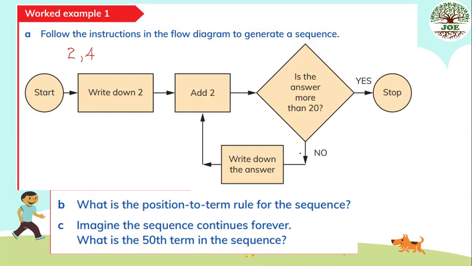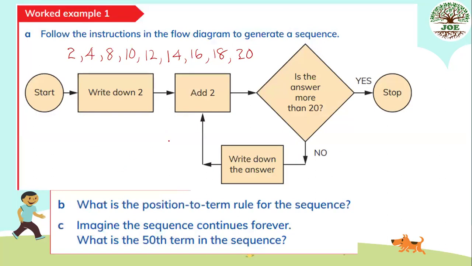Not more than 20, no. We write down the answer and add 2 again. Our answer is 4, less than 20, so add again, 8, less than 20, again 10, 12, 14, 16, 18, 20. This is our sequence.